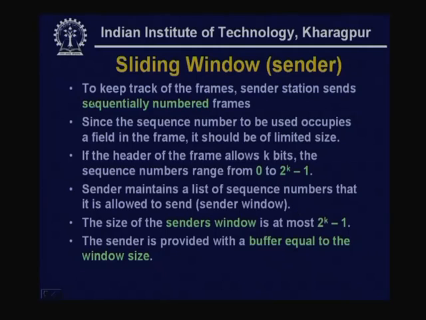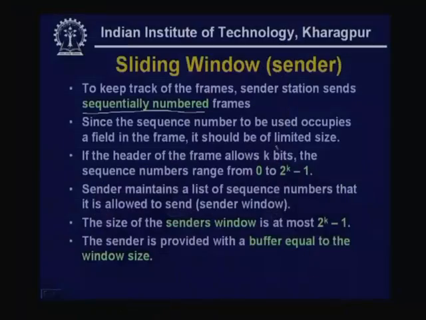First of all, we are sending multiple frames. Obviously, unless the frames are numbered, it will be difficult to keep track of which frame has reached the destination and which frame has not. So, the frames are sequentially numbered and sent. Since the sequence number occupies a field in the frame, it should be of limited size.